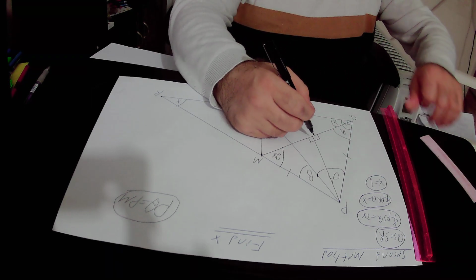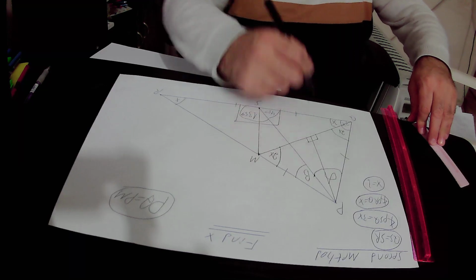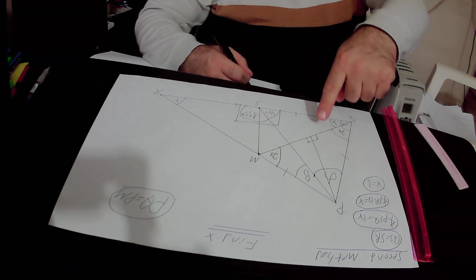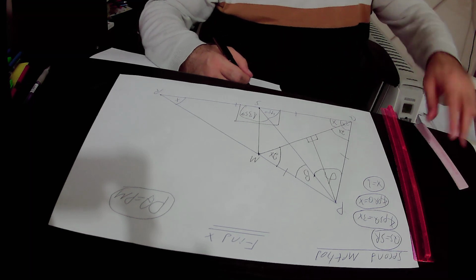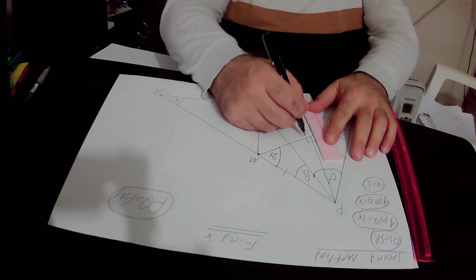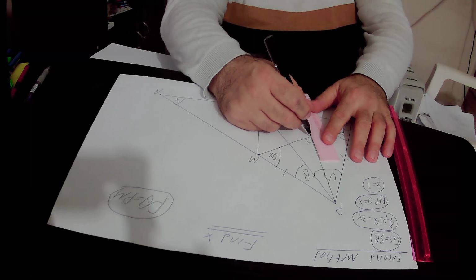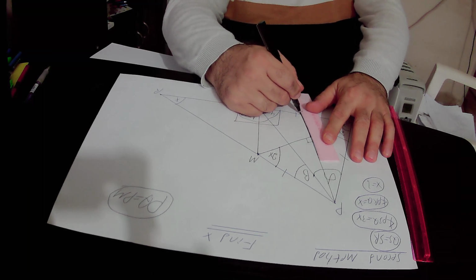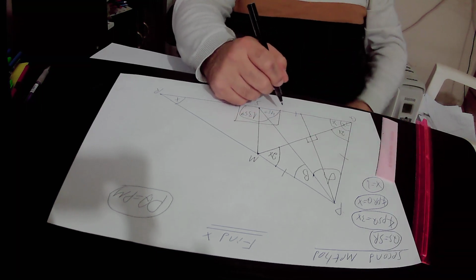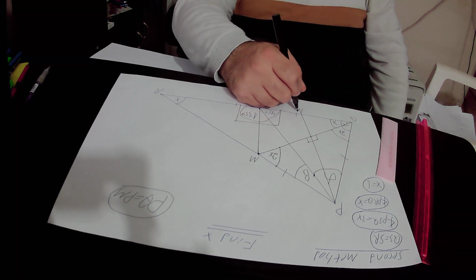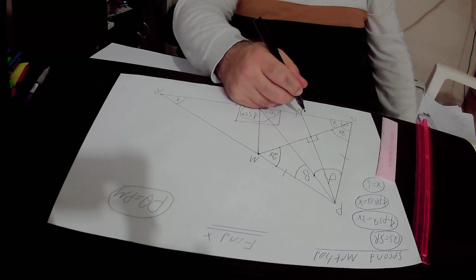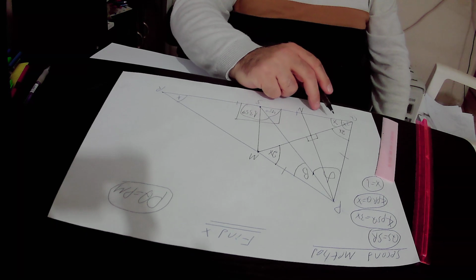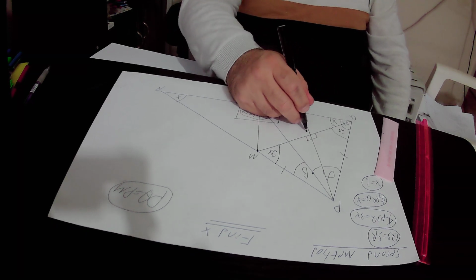And then I will extend the perpendicular from P until it touches QS, and we will define the touching point between the perpendicular from point P and QS as point N. We will define the touching point between the perpendicular from point P and QM as point L.